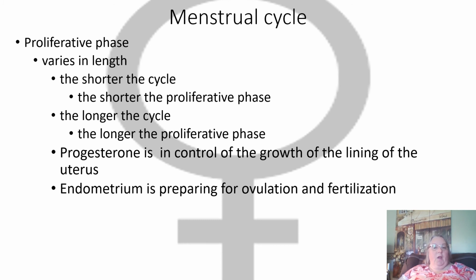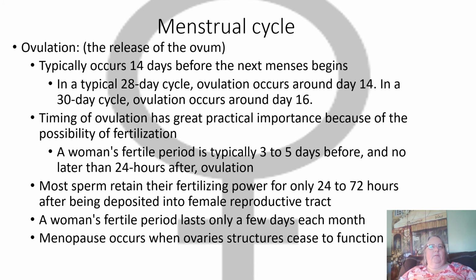The shorter the cycle, the shorter the proliferative phase. The longer the cycle, the longer the proliferative phase. Know that estrogen is in control of the lining of the uterus, and the endometrium is preparing for ovulation and fertilization during the proliferative phase. The proliferative phase prepares the uterus for the ovum.